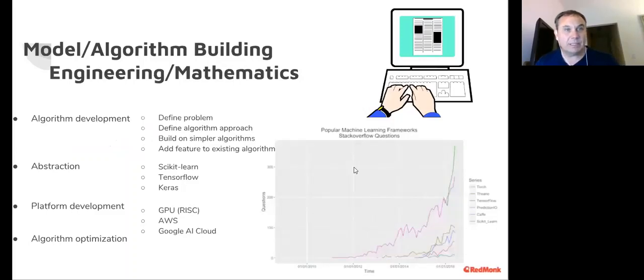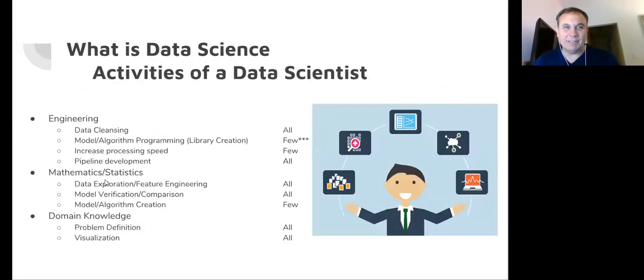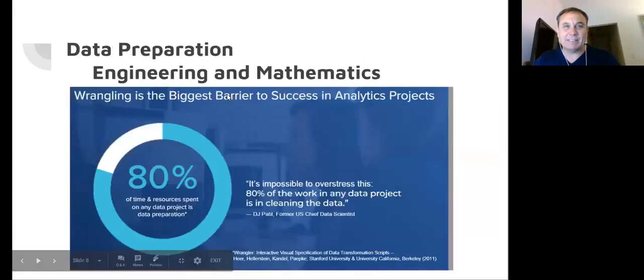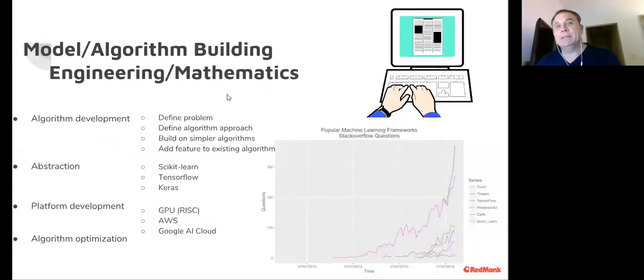All right, so we talked a lot about this, but okay, the engineering, I'm breaking down these different areas in a different slice, I guess. The model and algorithm building. Okay, that's one part of your job as a data scientist.